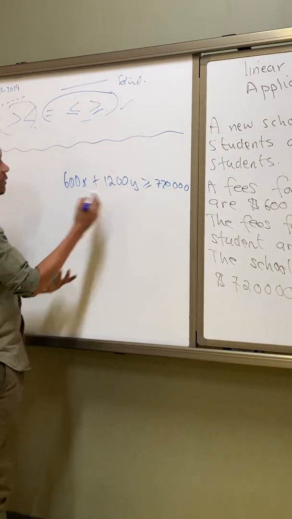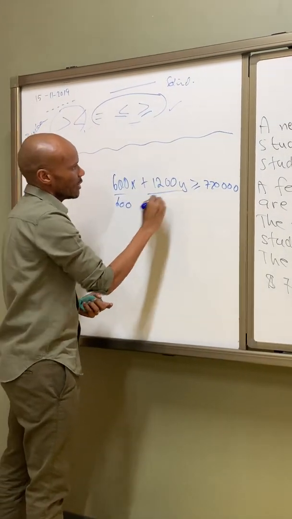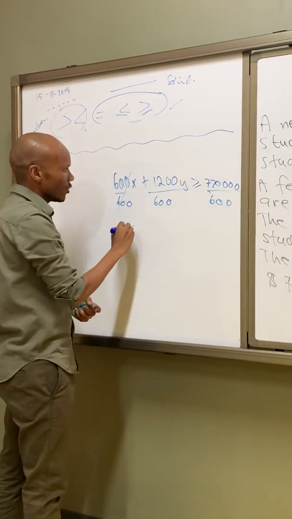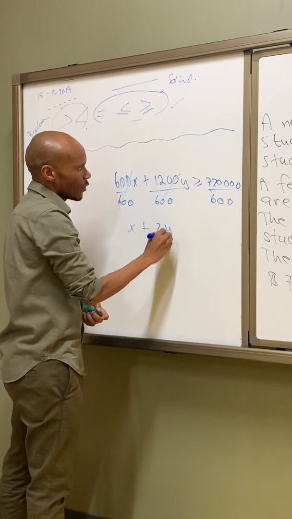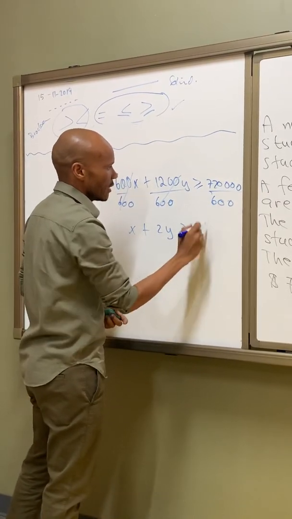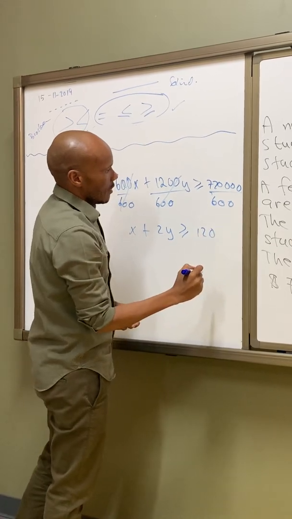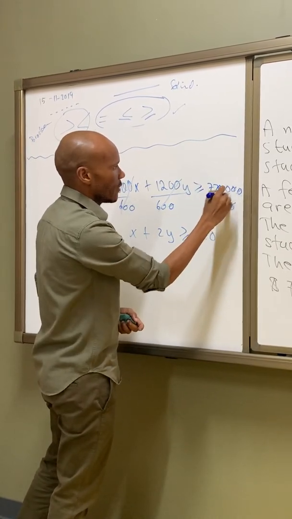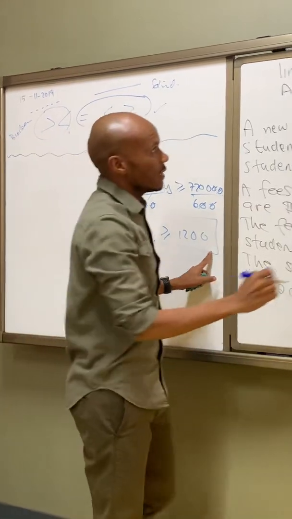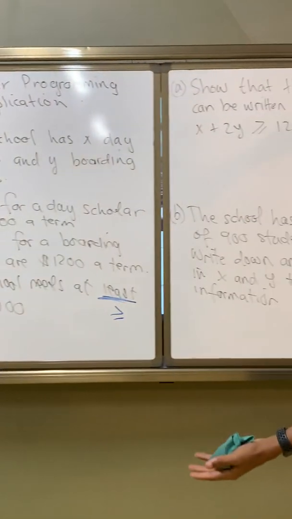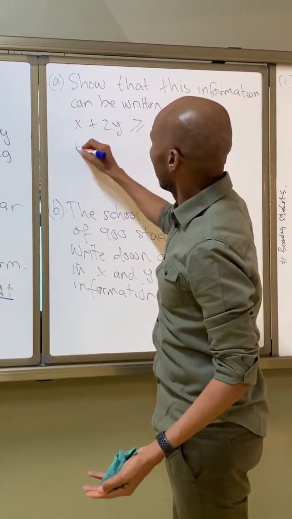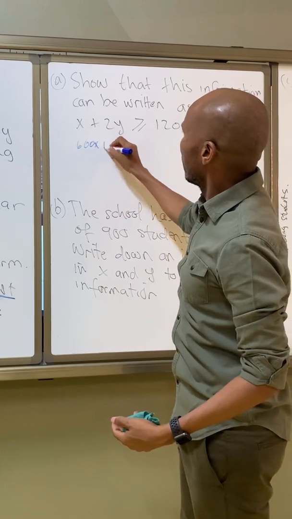So we divide by 600, divide by 600, divide by 600. So it will be x plus 2y, greater than or equal to 1,200. And you see, that's exactly it. It says just show, so we've just shown right there.